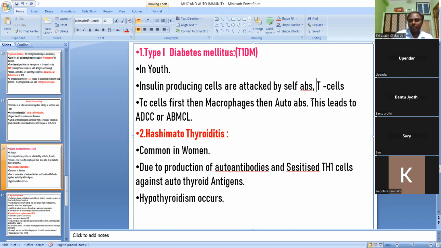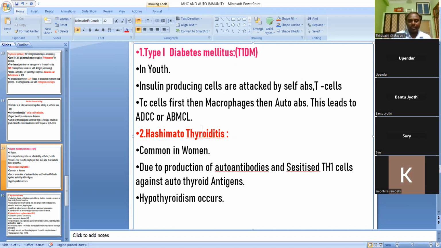Due to that, the antibodies form antigen antibody complexes surrounding our pancreatic cells. So these cells are attracted. Antibody mediated cell mediated cytotoxicity or antibody mediated cell lysis takes place due to cytotoxic T cells and macrophages.